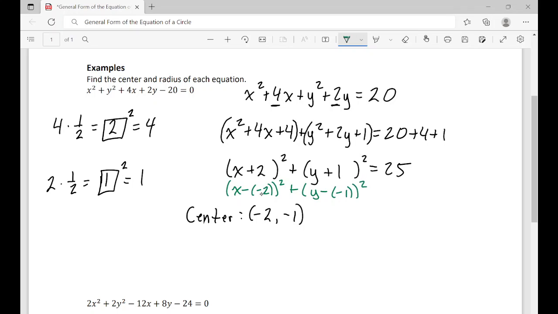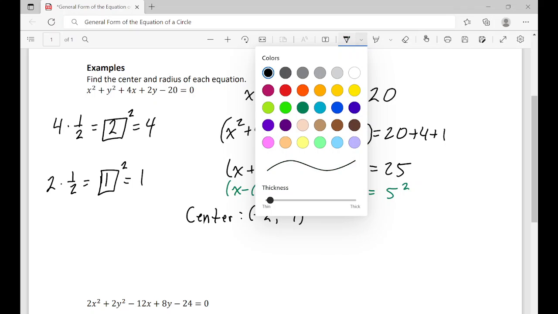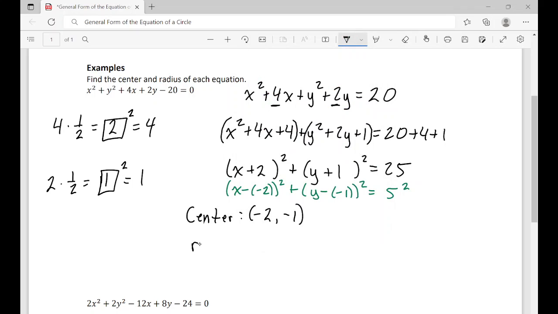So the h again would be negative 2, and the k would be negative 1. And just to finish this off, this is going to be 5 squared. And that's important because I need to know what the radius is. And the radius is r, so it's just going to be 5. So the center and radius of this circle is going to be negative 2, negative 1, and 5.